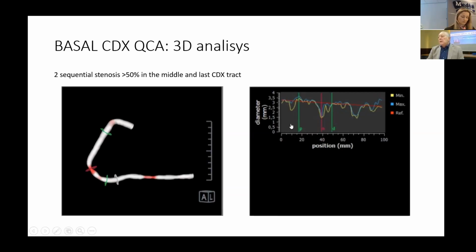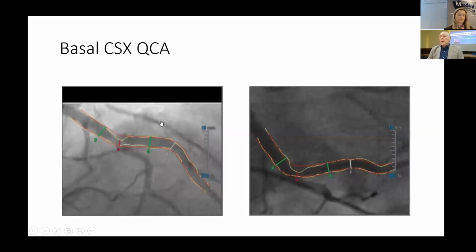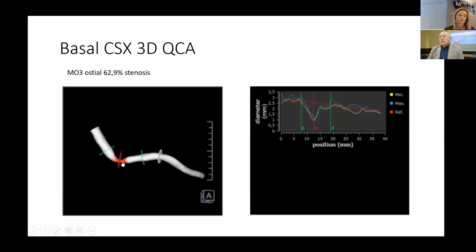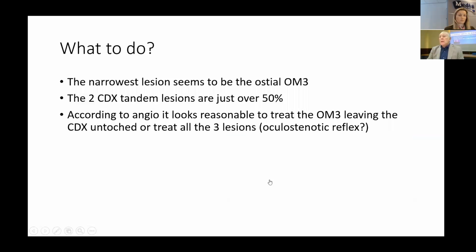For all the stenoses you get the minimal lumen diameter and the length of the stenosis itself. This is the QCA of the marginal branch. Only a tight stenosis here, 62.9%. This is the graph. What to do?